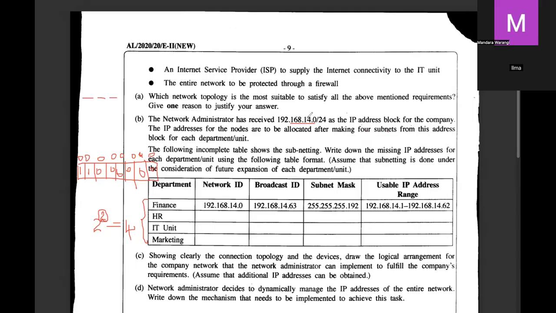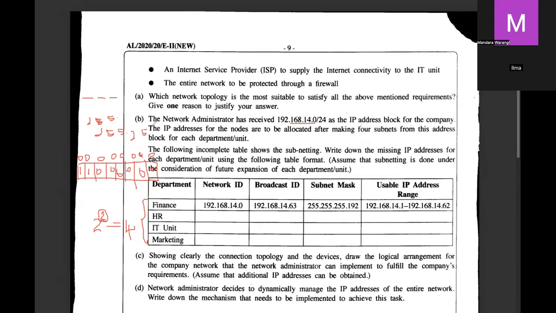The combination of all these is 255.255.255. But in the last octet, only the first two bits are 1.